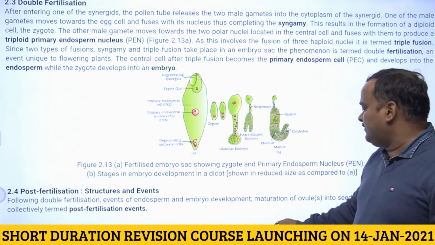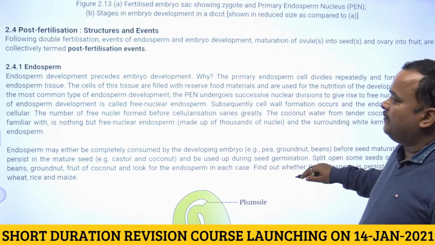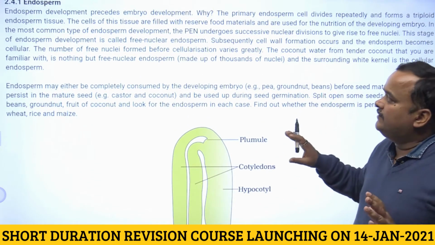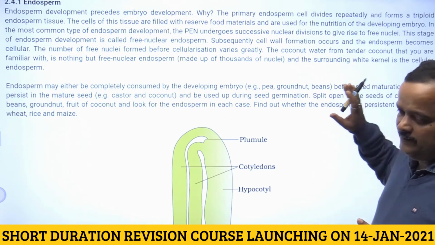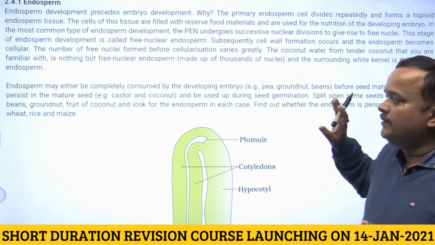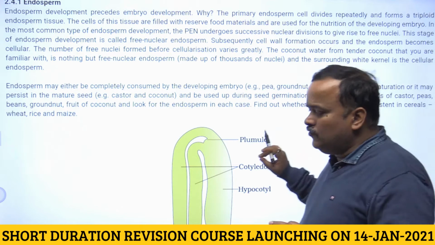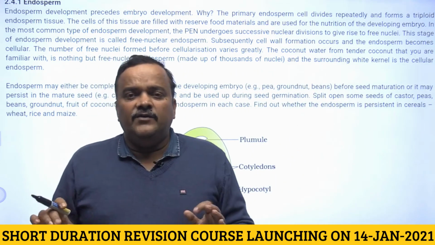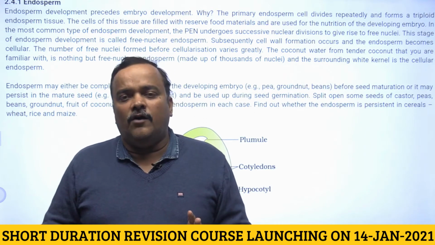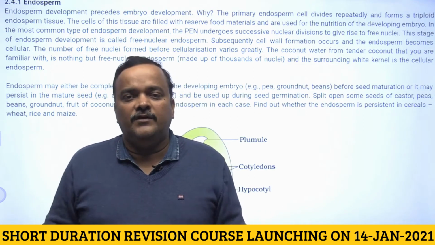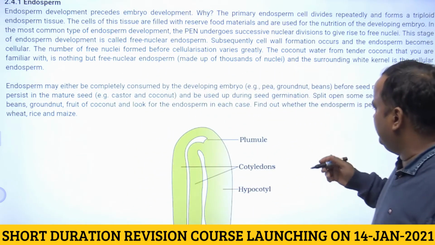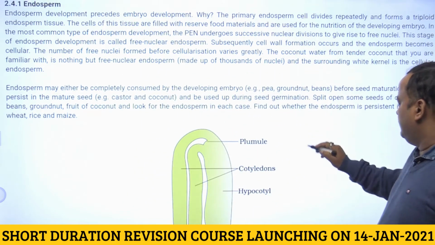Now, our next topic is endosperm. The endosperm is the structure which provides nutrition to the developing embryo. It is divided into different types on the basis of how development of endosperm takes place. It is not there in NCERT, but it is important for you to know that.